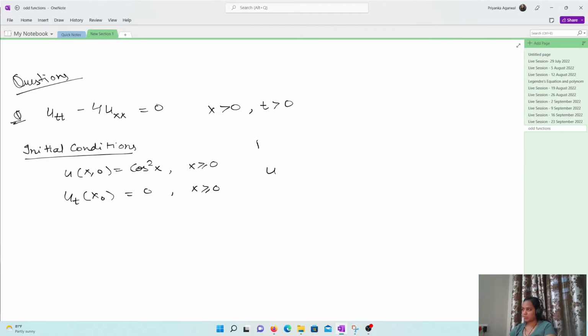And boundary condition is given, u at 0 comma t equals 0 if t is greater than or equal to 0. So we have to solve this problem.